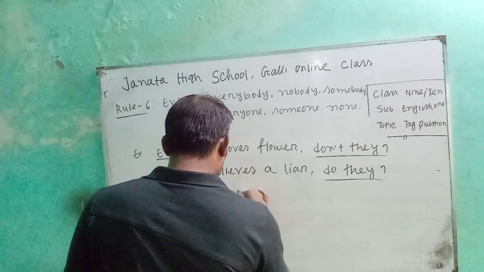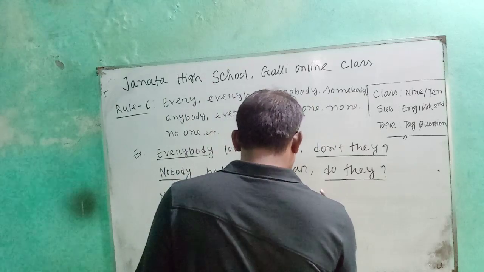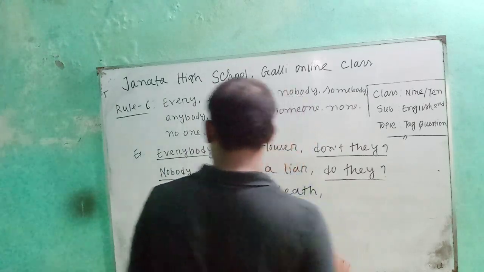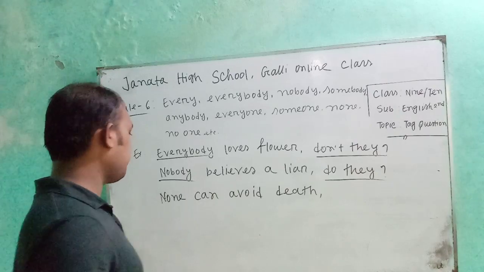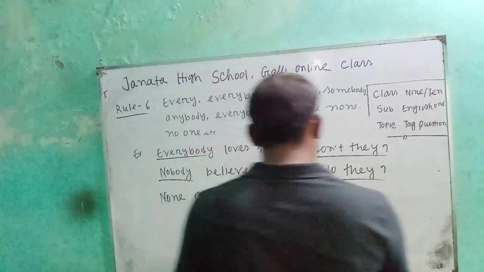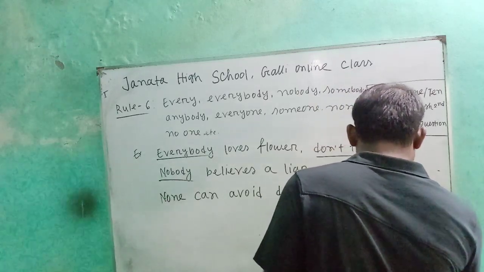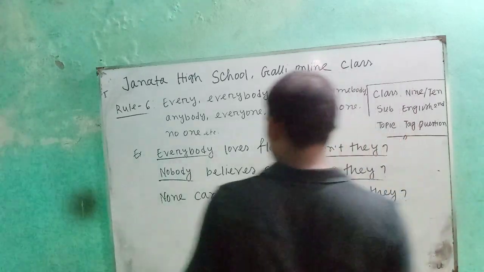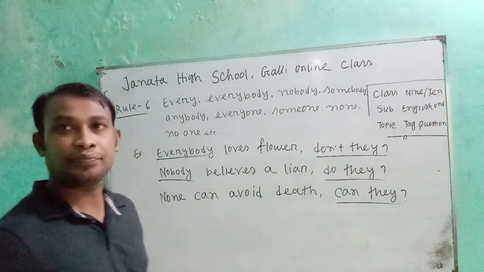None can avoid death. Auxiliary verb can. We have to use they instead of none. Okay?